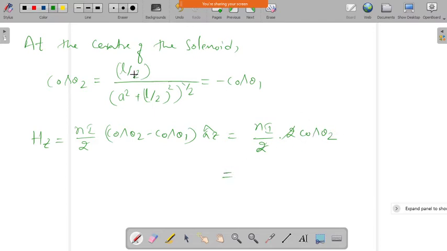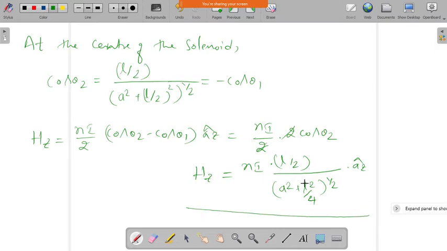If I substitute what cos theta 2 is here, we get N I into L by 2, divided by a square plus L square by 4 whole power half, into Az. This is the expression at the center of the solenoid.